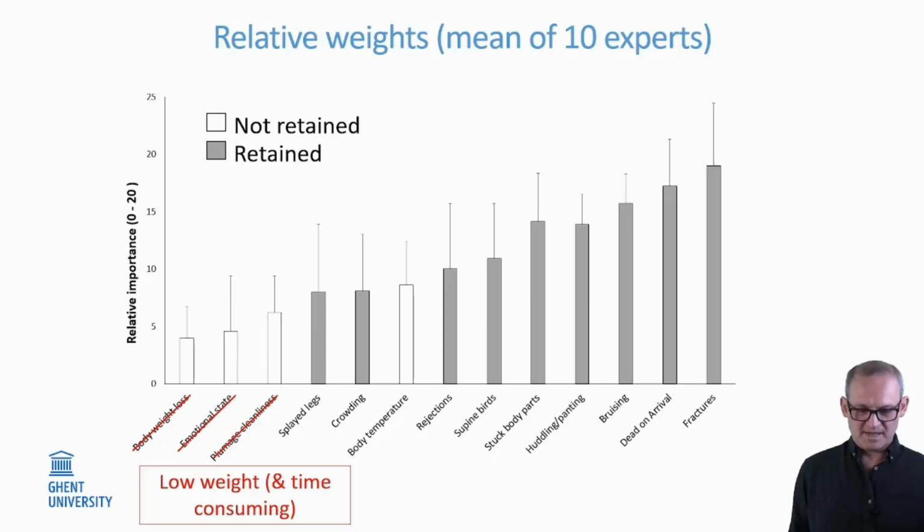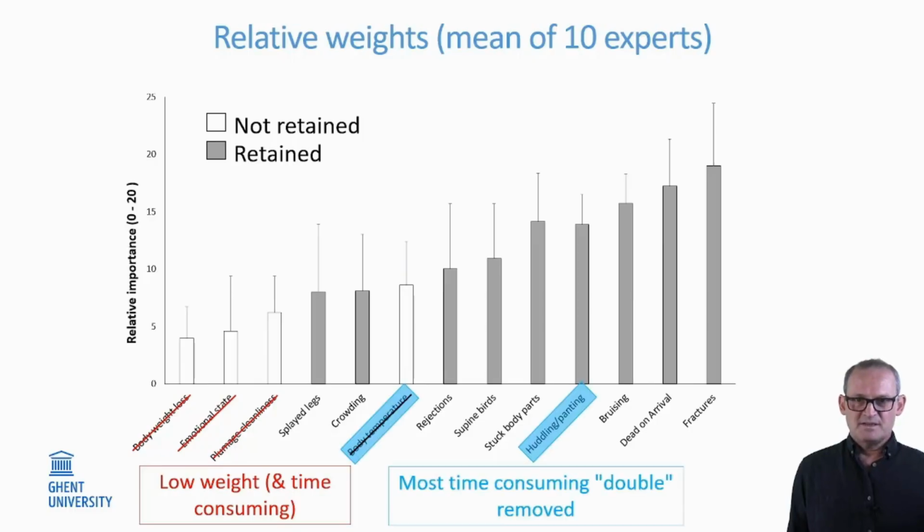We also decided to remove body temperature from the protocol because we had a different indicator that also measured thermal discomfort. And this other one, the huddling and the panting score, was given more importance by the experts. And on top of that, it is less time consuming to score than measuring body temperature on a sample of individual birds.